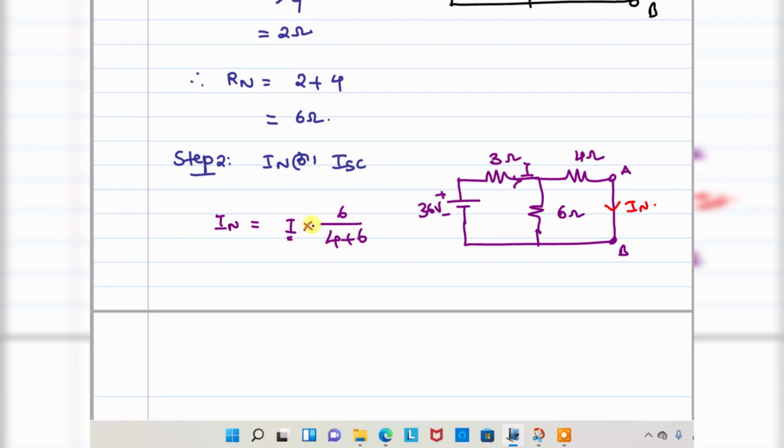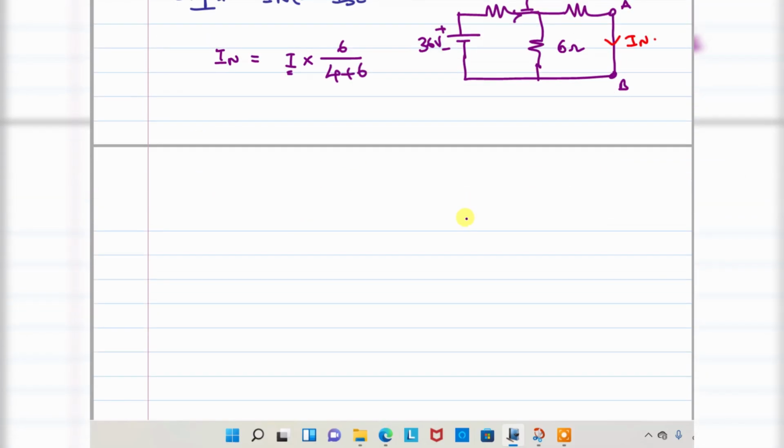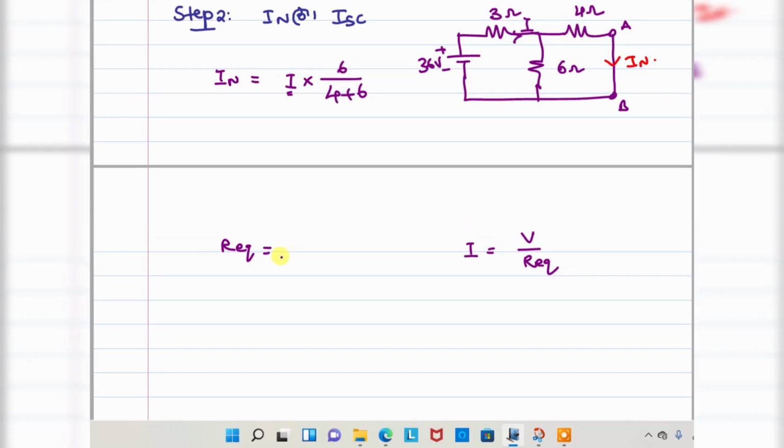I want this current, that's why I is equal to V by R equivalent. I want to find the R equivalent first. R equivalent is equal to, these two are connected in parallel, 4 into 6 by 4 plus 6, that is equal to 24 by 10, that is 2.4 ohms.